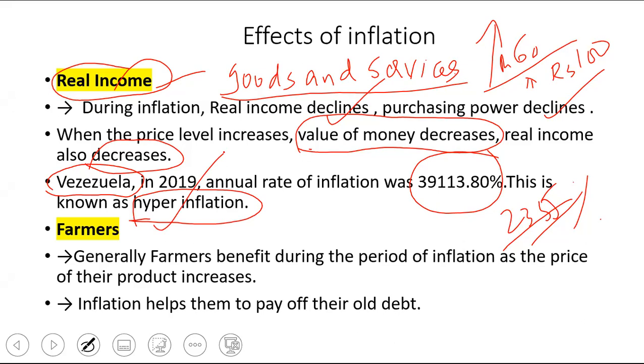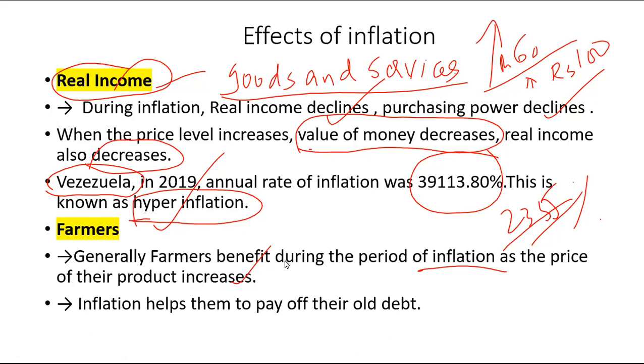Next is farmers. Okay, generally farmers benefit during the period of inflation as the price of the goods increases. Okay, this is something which is very important. Farmers benefit because of inflation. Very few people benefit because of inflation. One of the group is farmer.